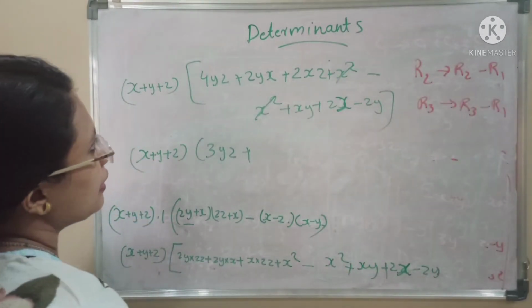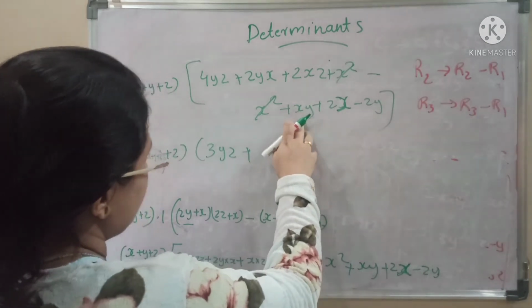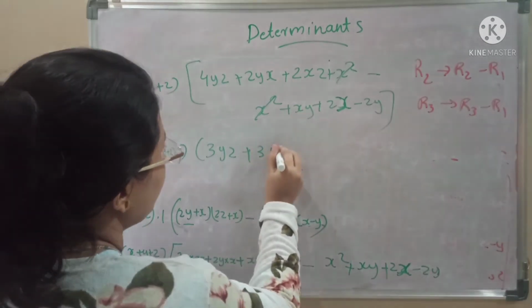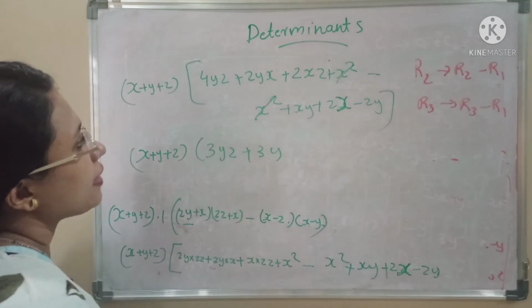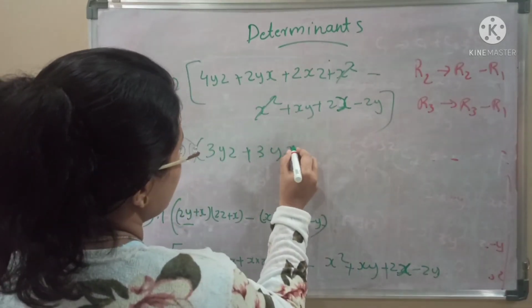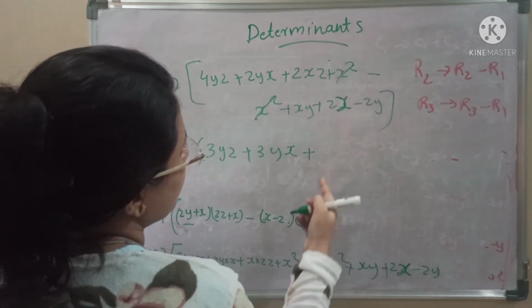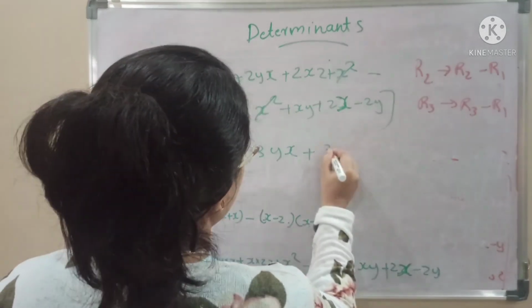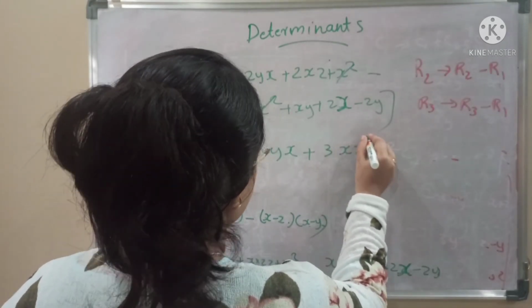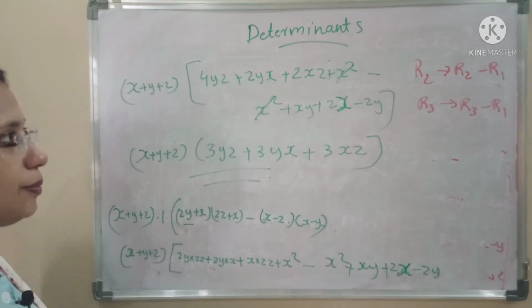Clear? So 2yx and xy will be 3xy, plus 2xz and xz, 3xz. So this will be our answer.